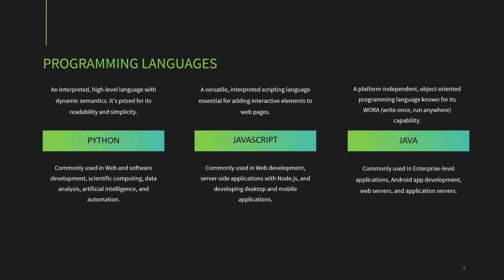On the other side, on the right, we can see Java. Let's wait for JavaScript for now. Java is platform independent, so it does not work on a certain platform; you can run Java on any platform.